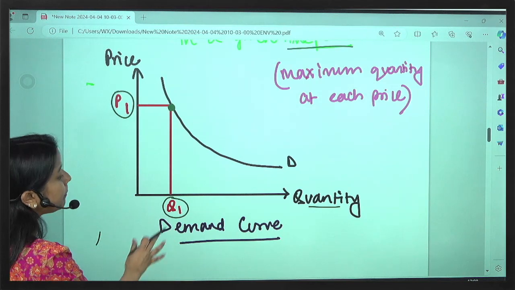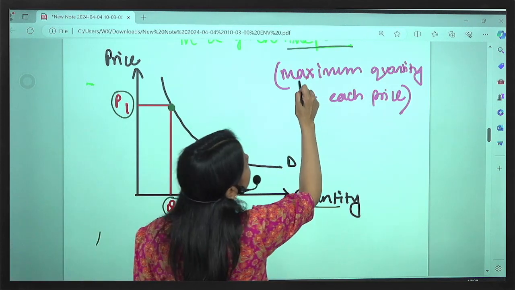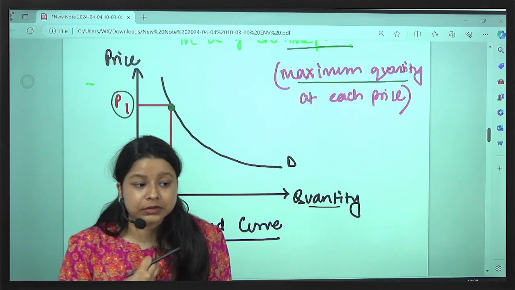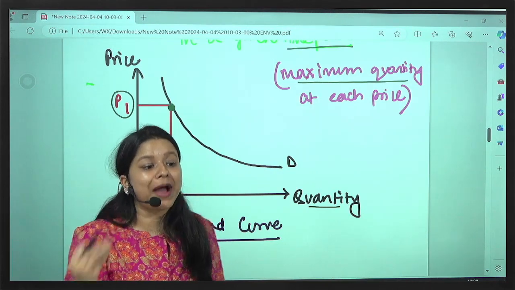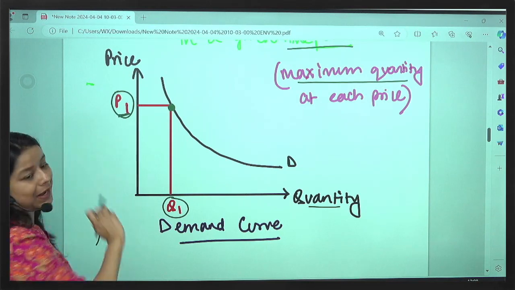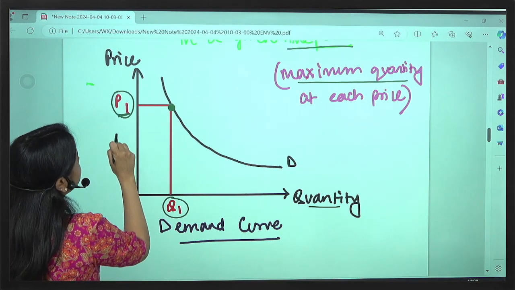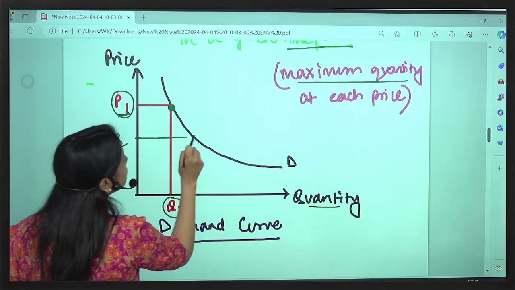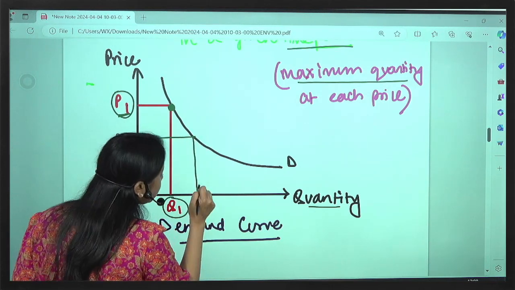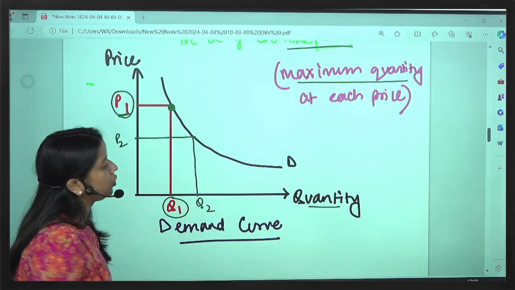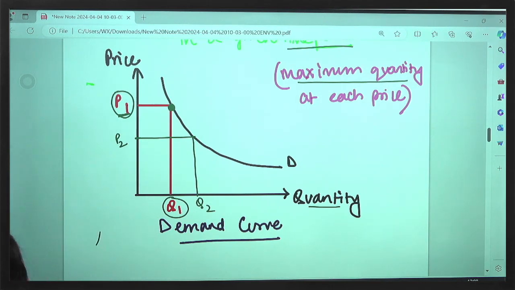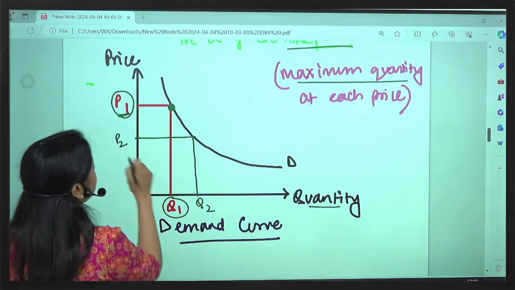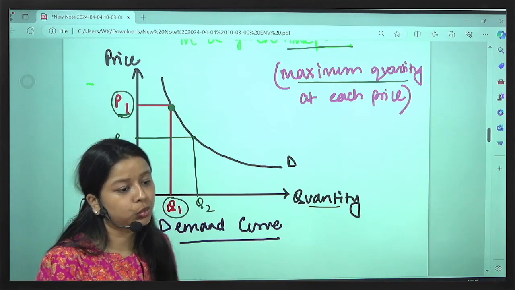This is a demand curve which generally tells you the maximum quantity a person is able and willing to buy at a given price. So now if, let's suppose, the price was P2, this would have been my Q2, the maximum quantity that I am willing and able to buy at price P2.